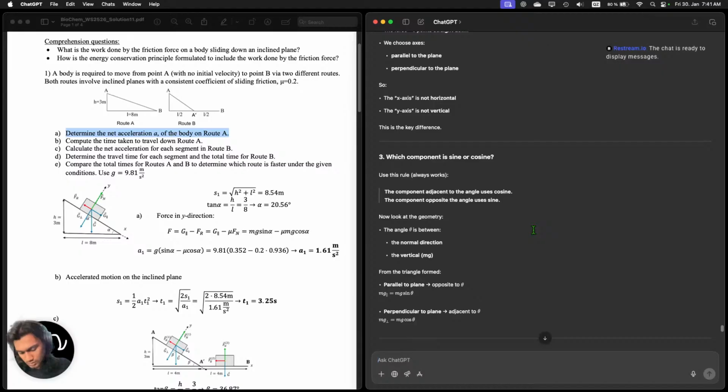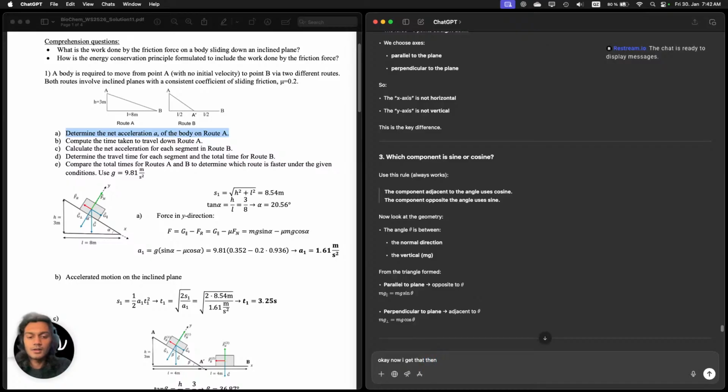So f is equal to mg sine theta minus mu mg. How is it now cos theta? Okay, now I get that.